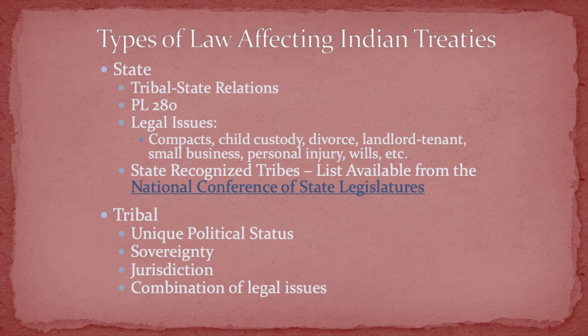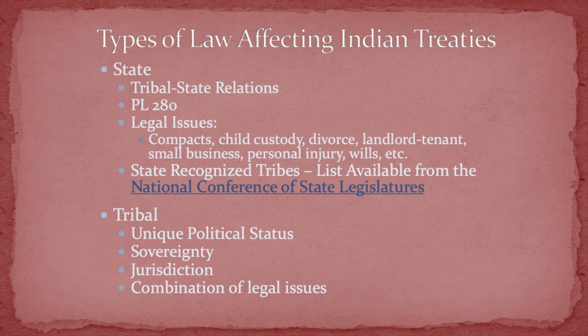There are also state-recognized tribes who are trying to get that prestigious status of being federally recognized. So there are tribes in existence right now that have an understanding with their states. The states recognize them as some type of sovereign, and I say that tenuously, because they recognize that these groups of people may have a different status, but they do not have the same protections that federally recognized tribes have.